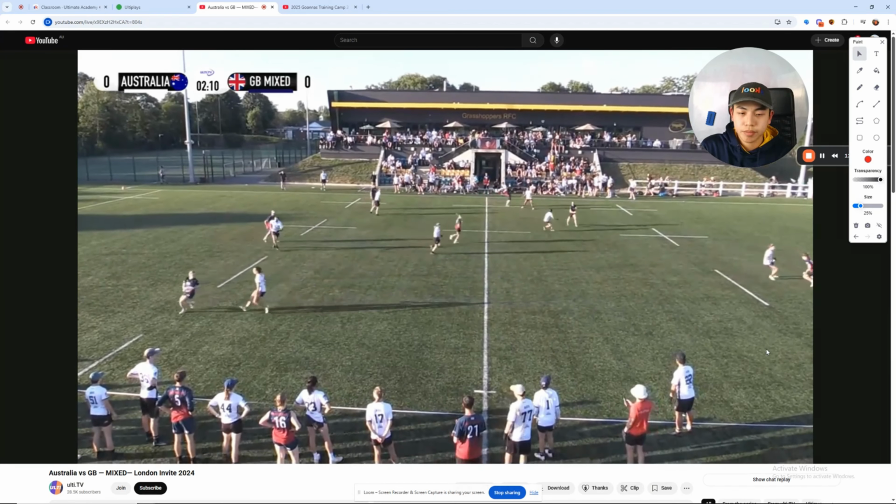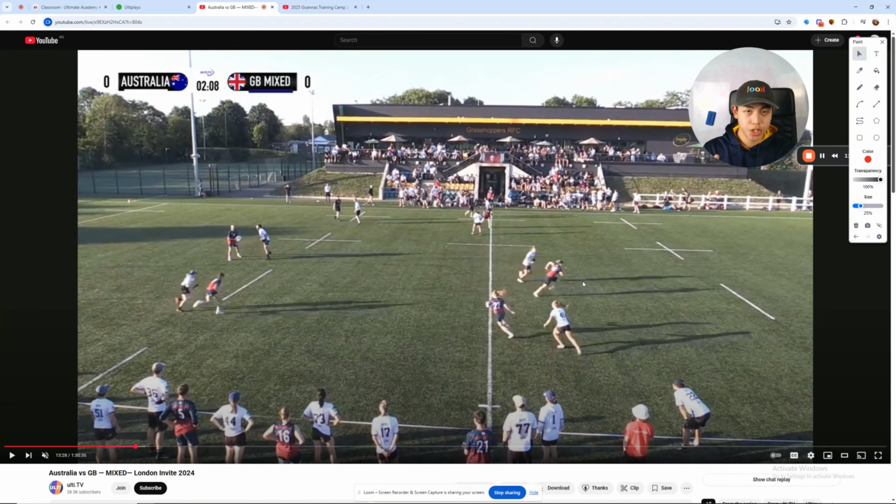Perfect. So let's break this down very clearly in our risk space rating. At this point, we have a deep cut happening here. Now, what do you notice? Deep cut is happening from quite far away from the disc. So that's point number 2, position, right? We also notice that the thrower doesn't look like they want to huck it off the standstill.